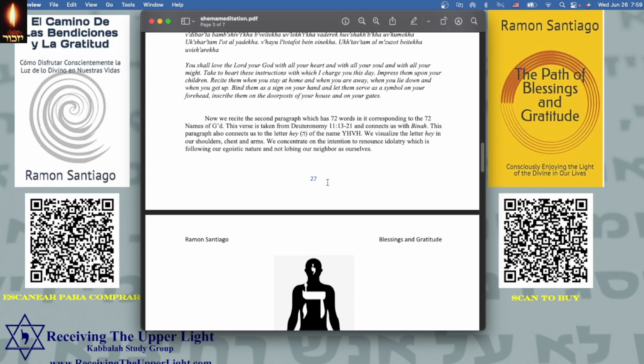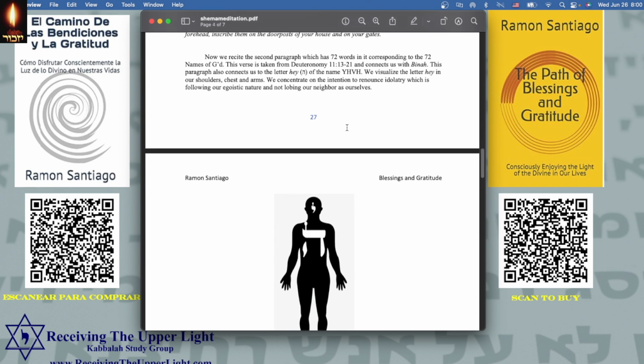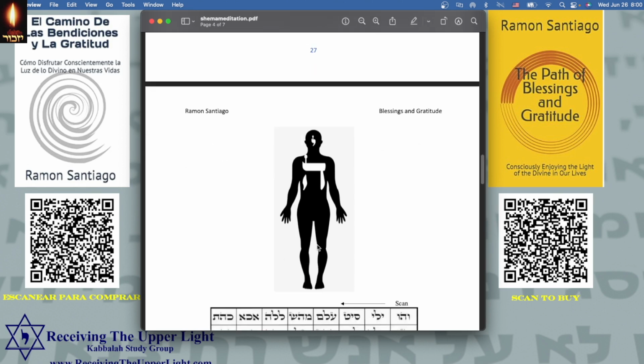Now we recite the second paragraph, which has 72 words, and it corresponds to the 72 names of God, right? And we're going to visualize the Hebrew letter Hey, and that's going to be in our chest and arms. And this letter is going to connect us to Bina. Okay, the Yod connects us to Chokmah. Now we have Bina.